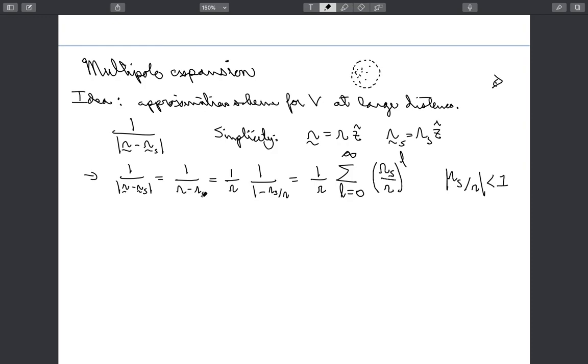So I'm kind of putting myself further away than the source is. Okay, now what's the idea here? The idea is that we're essentially writing an expansion for our potential.